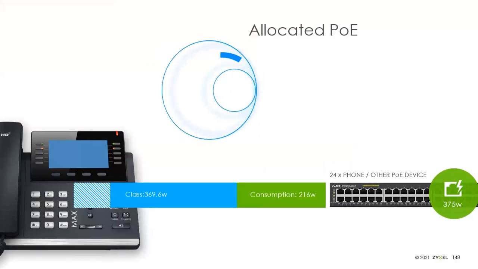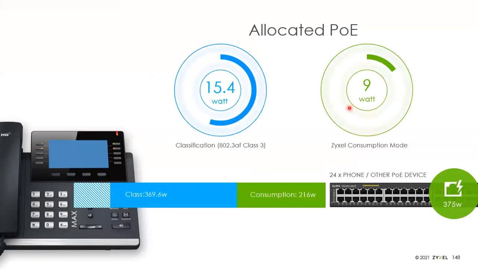So this is just showing here, we've got an IP phone. Classification using the standard way of doing PoE is that this is a class 3 device, and as such, the switch should reserve 15.4 watts for each one of these phones that's plugged in. In actuality, though, the phones never draw more than 9 watts of power.